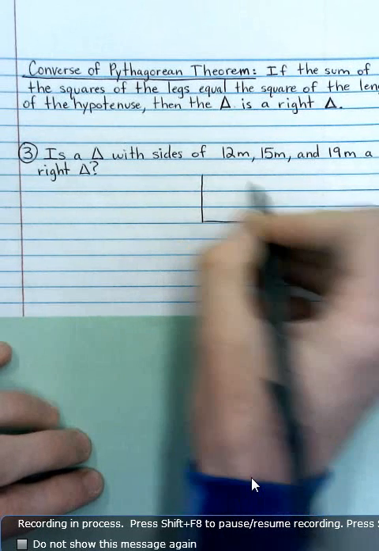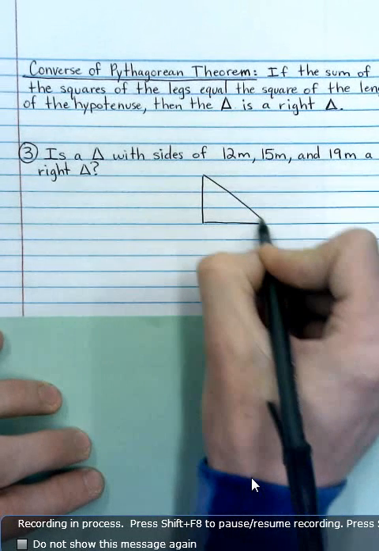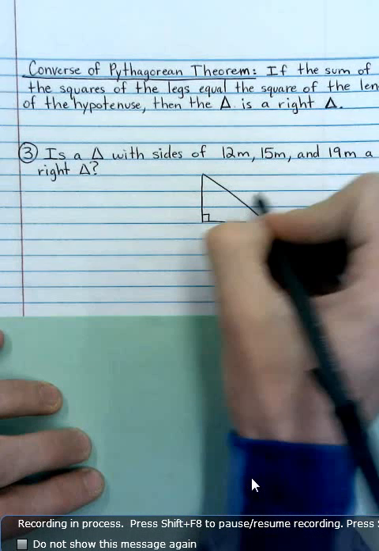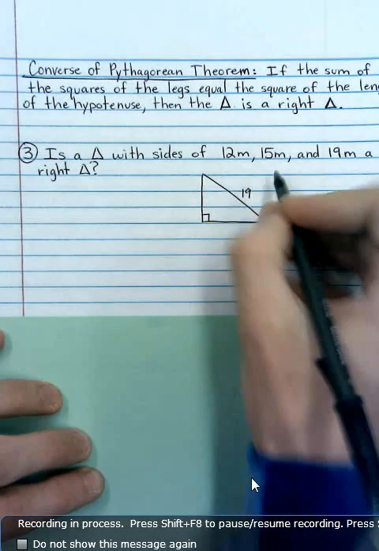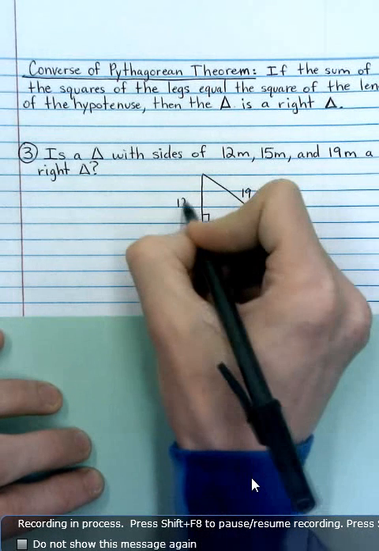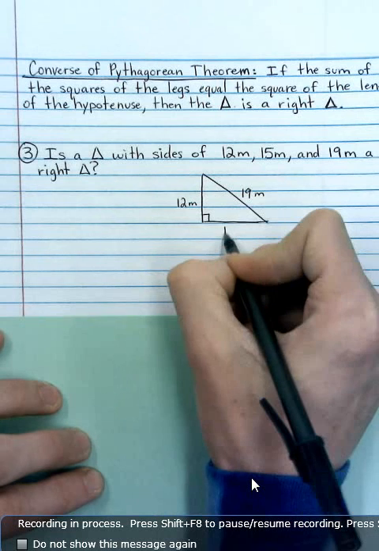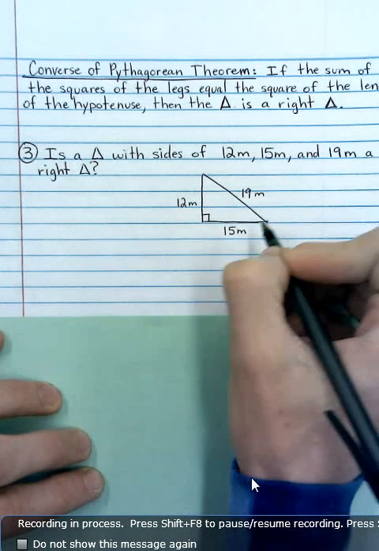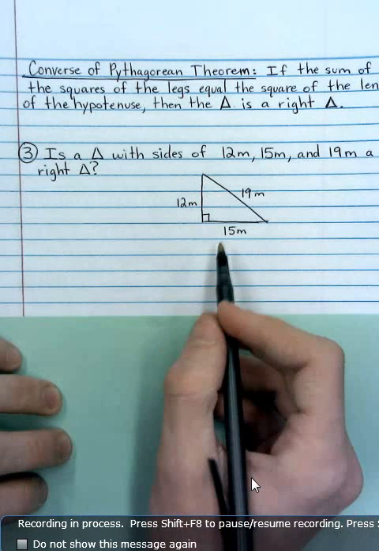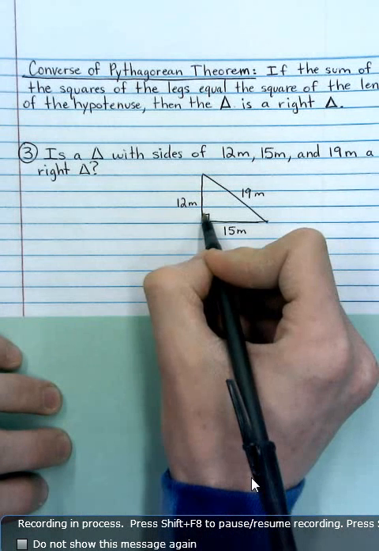It doesn't really matter what your triangle looks like when you draw it, as long as your longest side, your hypotenuse, is 19, and as long as one of your legs is 12 and one of your legs is 15 meters. Now, to determine whether this is a right triangle or not, I guess I shouldn't have put this in here yet because we don't know if it is or not.